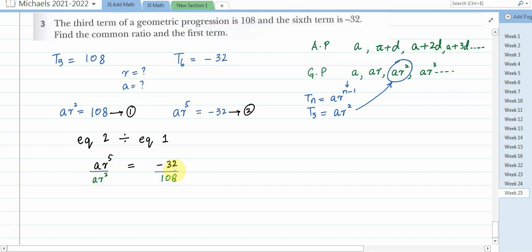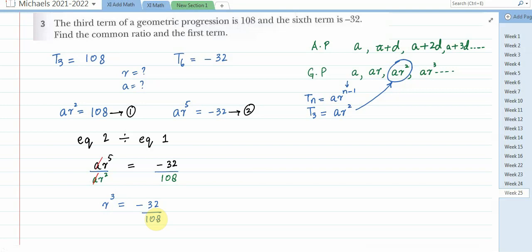The benefit of dividing these two is that a and a cancel. r will be 5 minus 2, it will be 3, is equals to minus 32 divided by 108. You can simplify it easily. So 32 divided by 108, and then we need to apply the cube root. So that will be equals to 2 divided by 3. The value of r is equals to 2 divided by 3 with the negative sign.